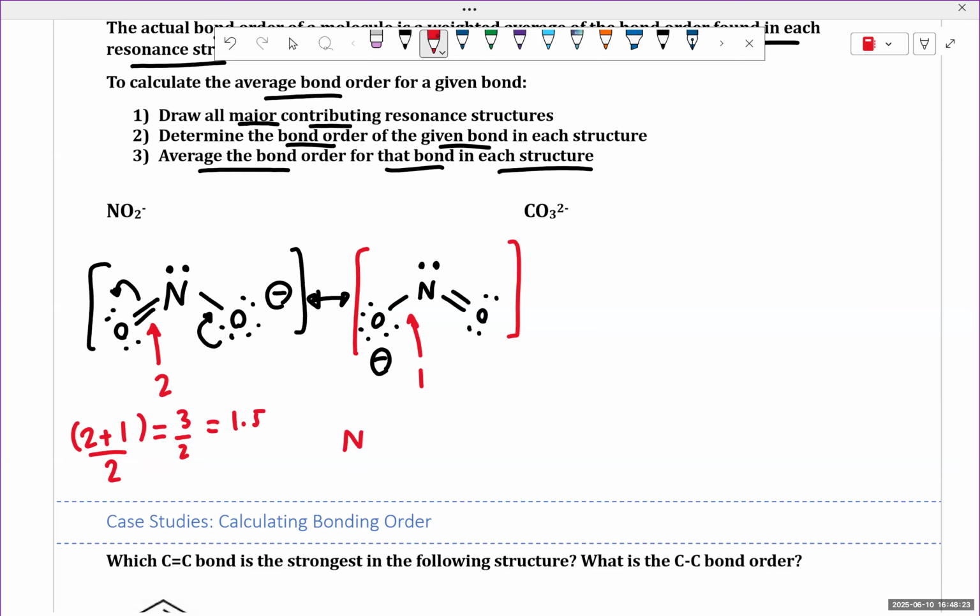So in reality, if we looked at the nitrogen-oxygen bond order, this bond order would be about 1.5. The same is true for the opposite nitrogen-oxygen bond, with an average bond order of about 1.5.